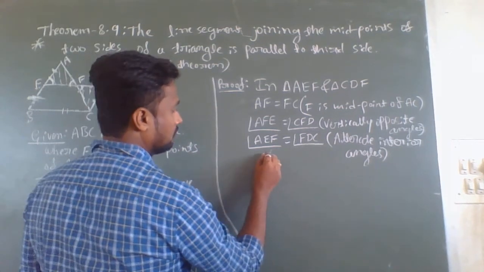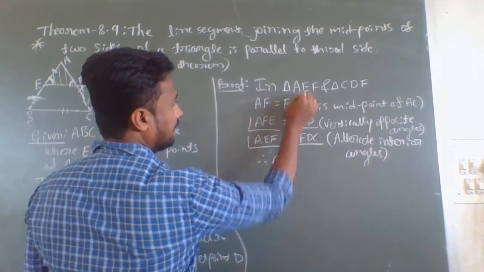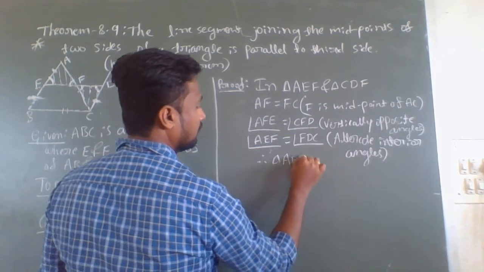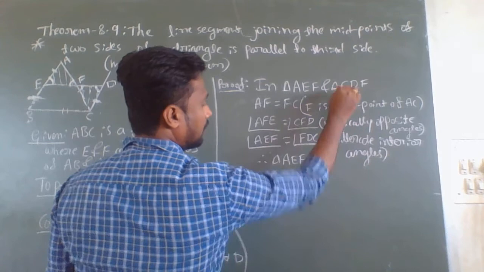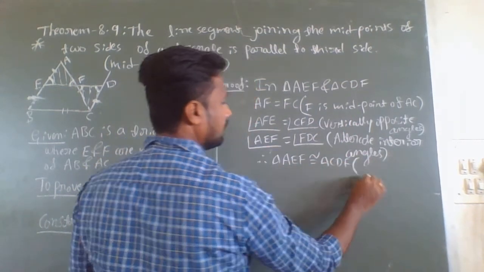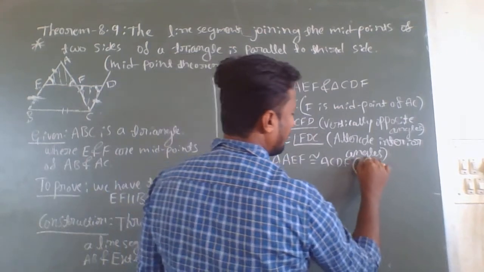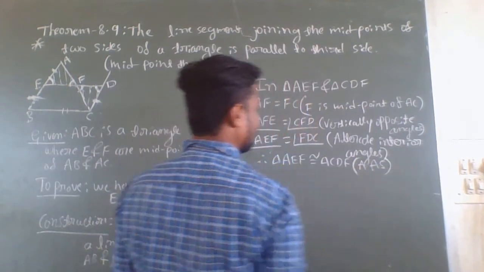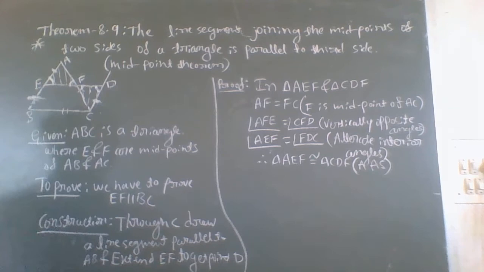Therefore, triangle AEF is congruent to triangle CDF by angle side. Yes. These two triangles are congruent now. Then we can say that these two sides are equal.